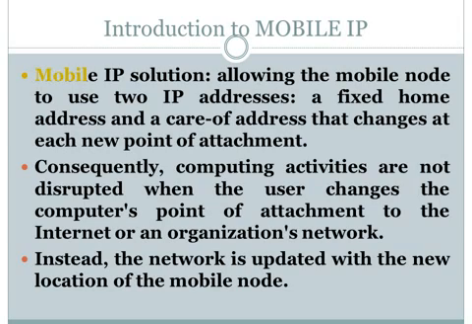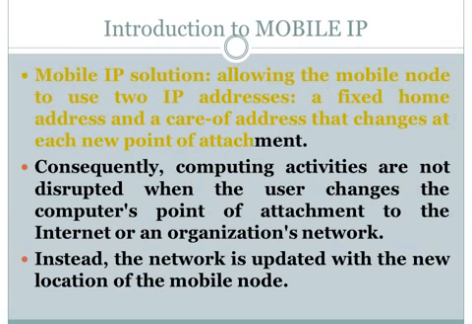So now you can see what the solution to this problem is. In fact, mobile IP offers two solutions to this problem. One solution is to use two addresses. One address corresponds to the home address, which will always remain the same. You have seen in the earlier diagram, the home address remains the same even when the node goes to another foreign network.